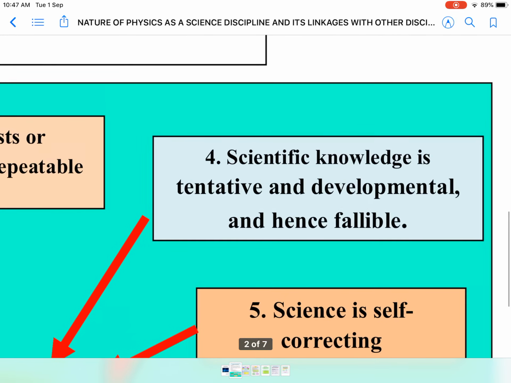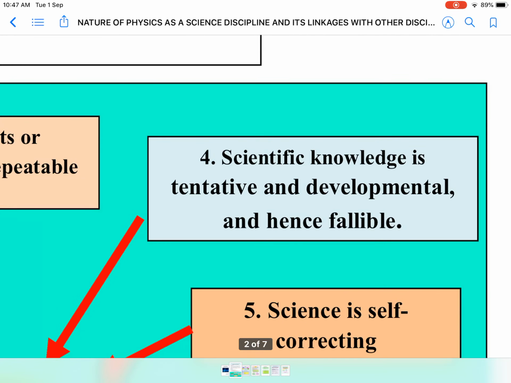And the fourth feature is that scientific knowledge is tentative and developmental, and hence fallible. Fallible means capable of making mistakes. We cannot say that scientific knowledge is the final one.